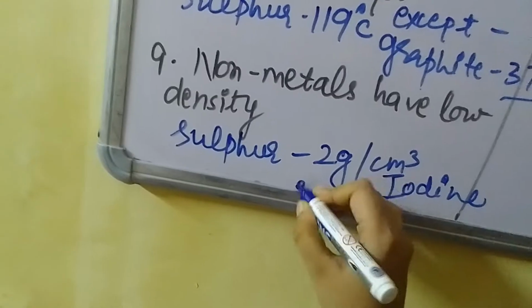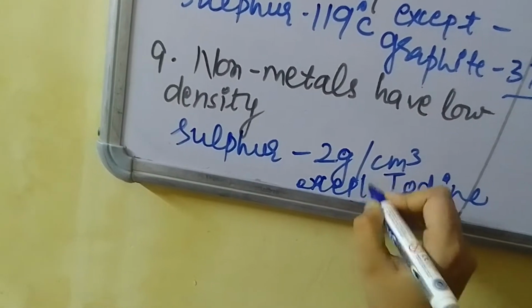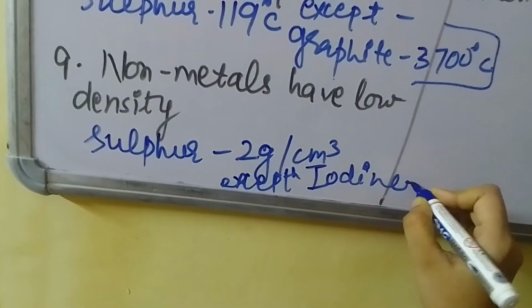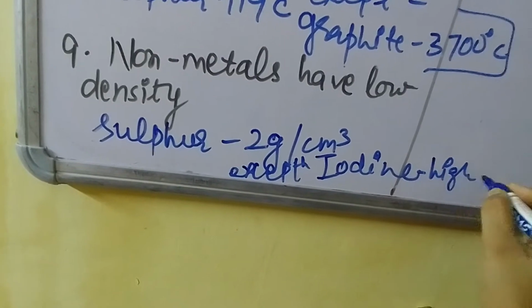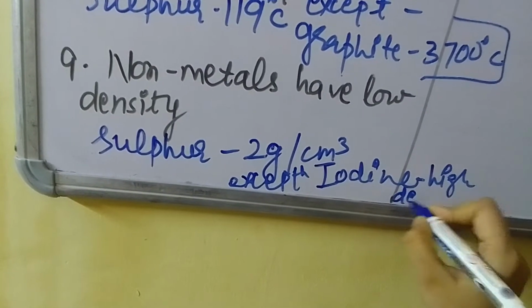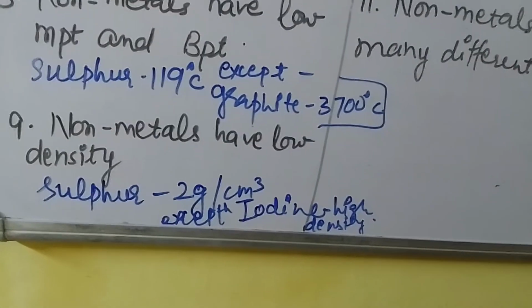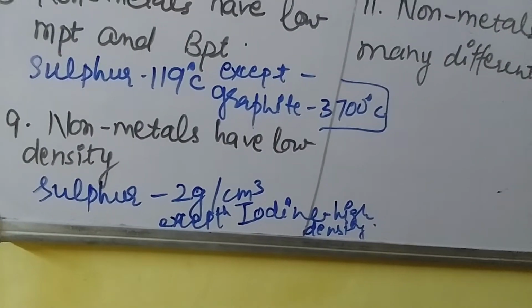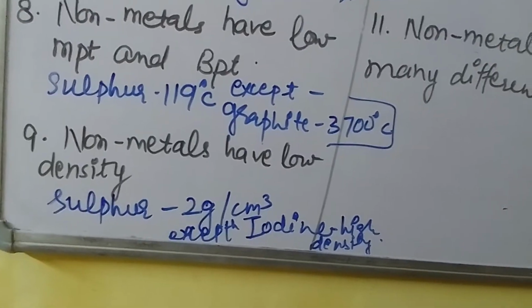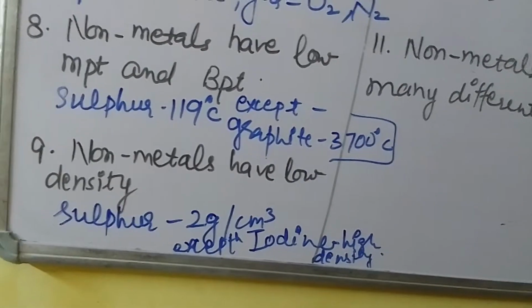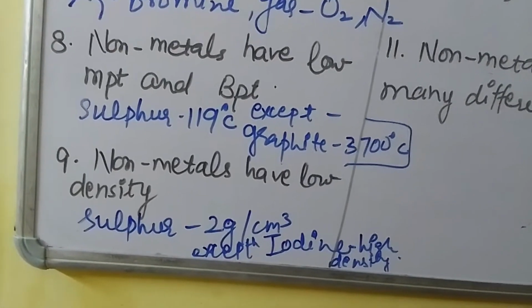Iodine has a very high density. That is an exception among non-metals, but the rest of the non-metals have low density.